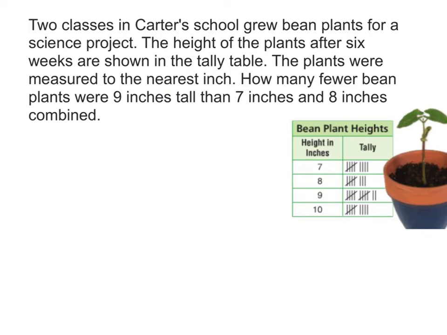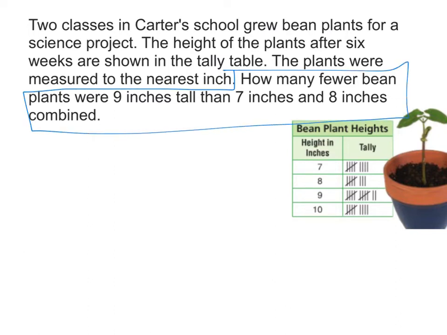So, what do we need to find? Well, let's find that problem right here. It reads, how many fewer bean plants were 9 inches tall than 7 and 8 inches combined? So there are a few things here.